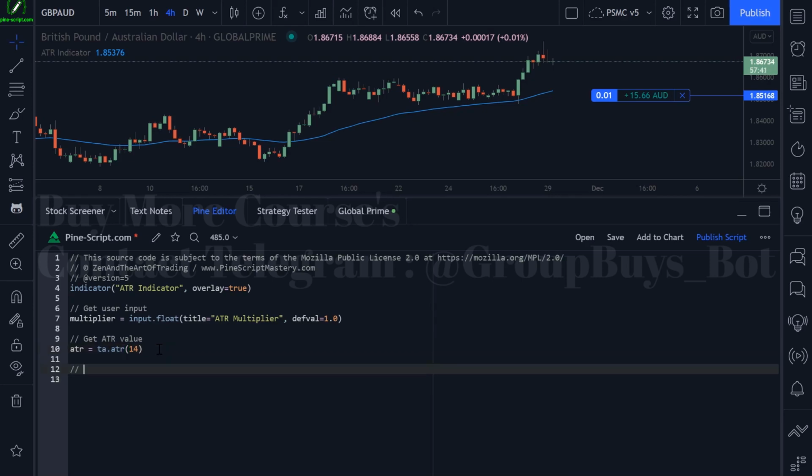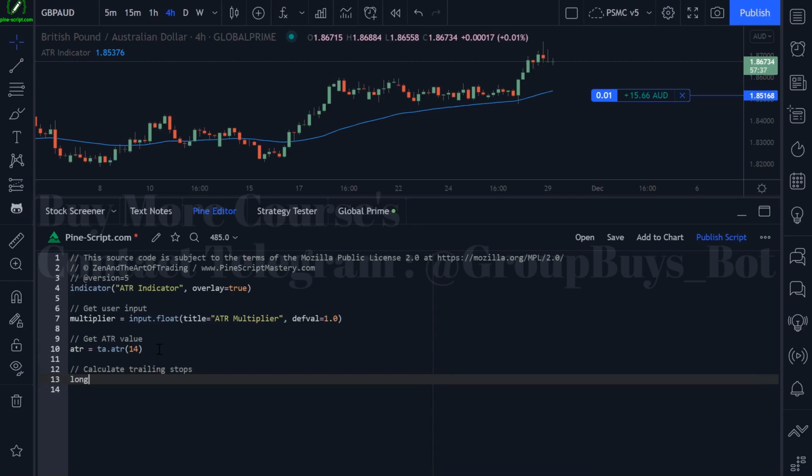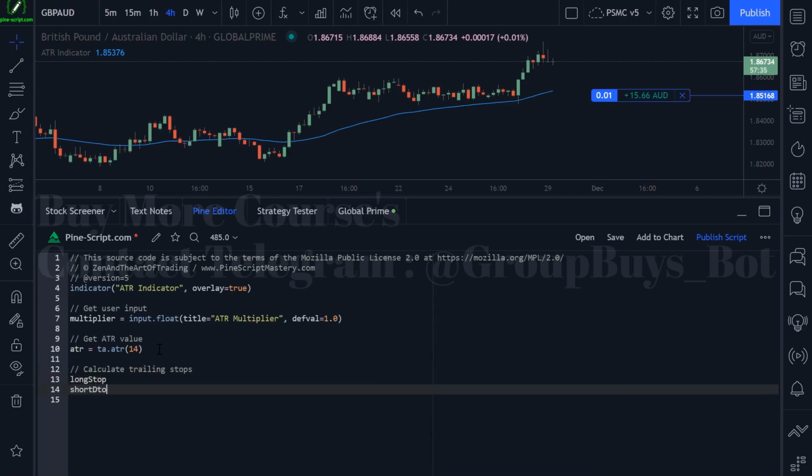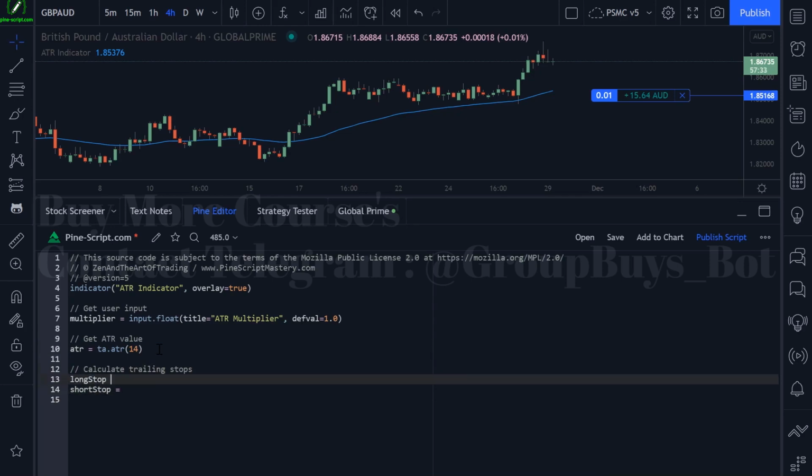The next thing we need to do is calculate our trailing stops. So we need a long stop and a short stop. And the long stop is the low minus this times the ATR. So by default, we're just subtracting one ATR value from the low.